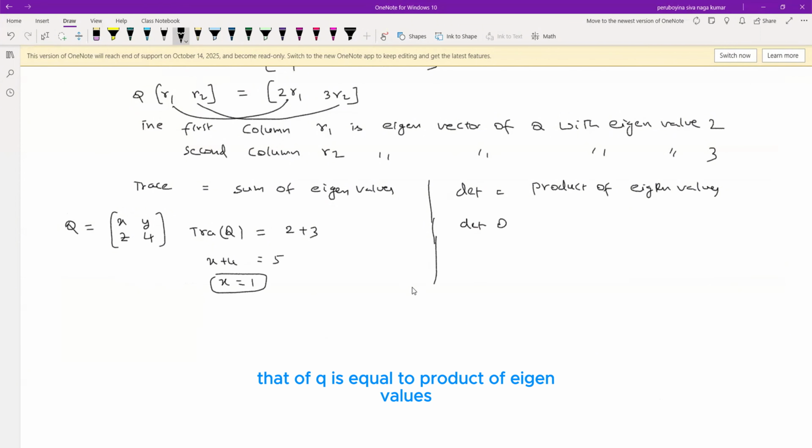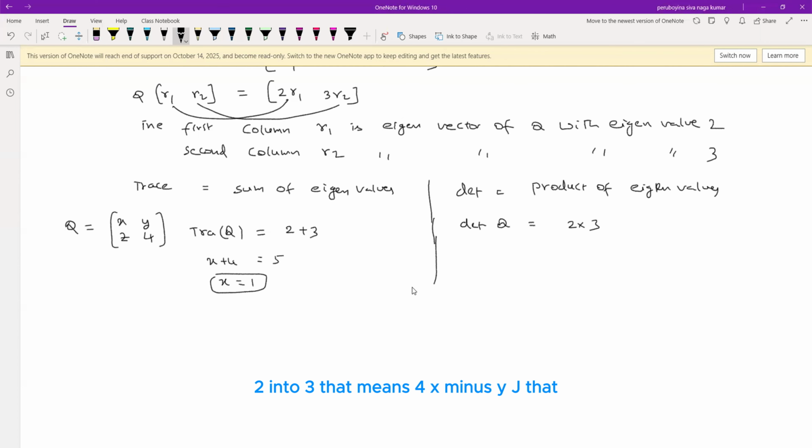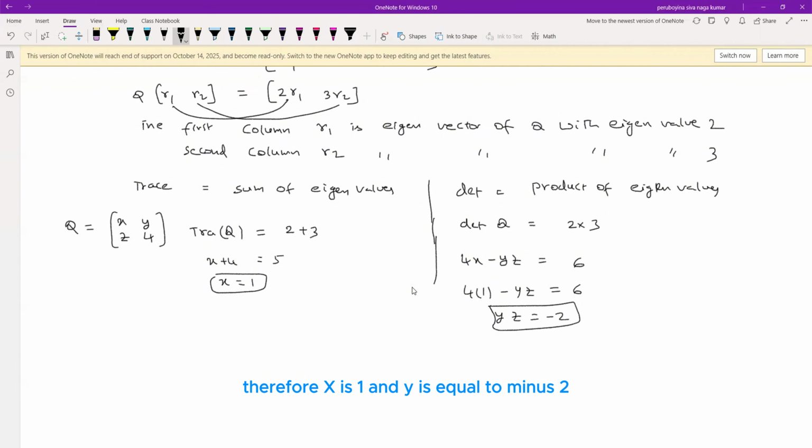Det of Q is equal to the product of eigenvalues, 2 into 3. That means 4X minus YZ, det of Q, which is 6. 4 into X value, already we got 1, and YZ is equal to minus 2. Therefore, X is 1 and YZ is equal to minus 2.